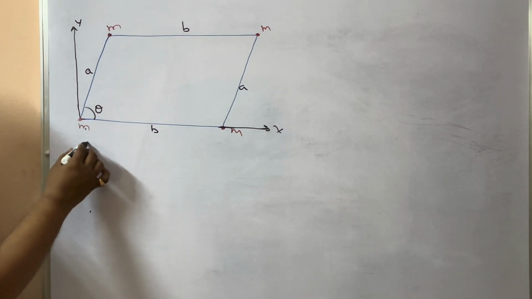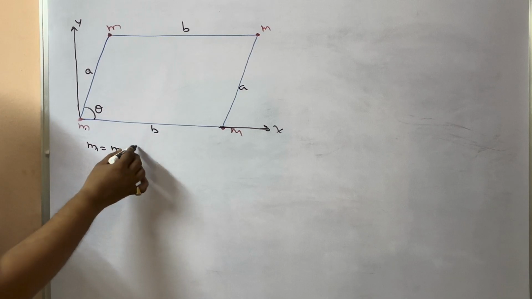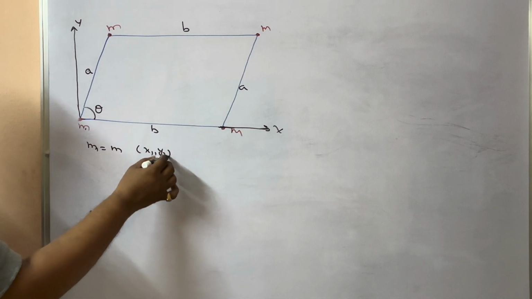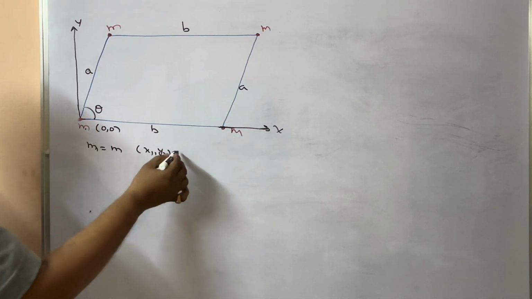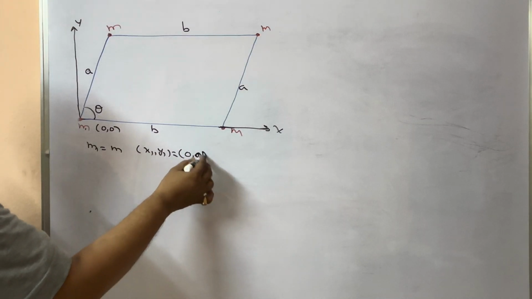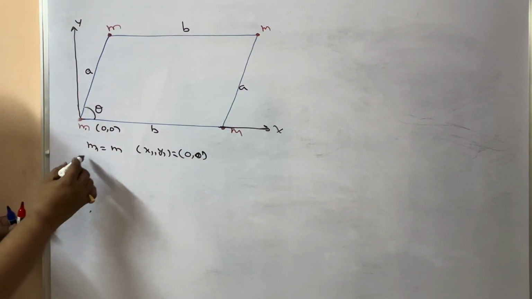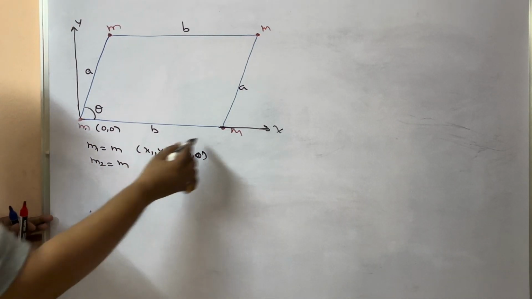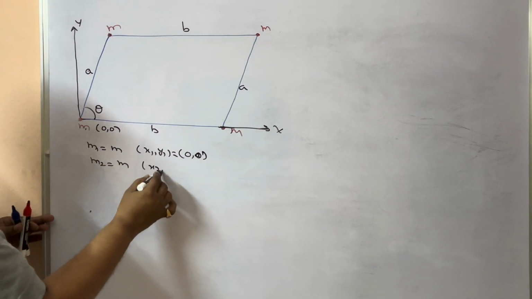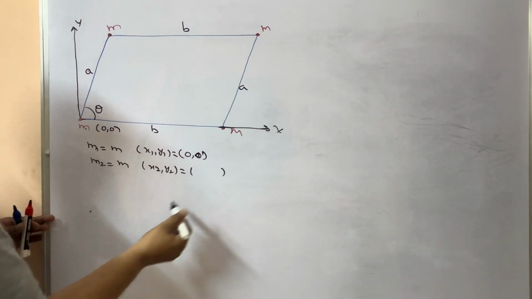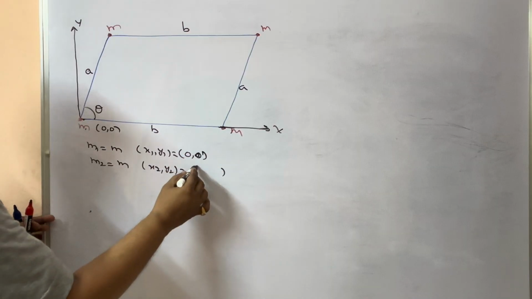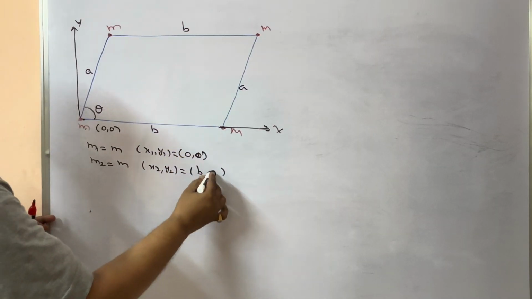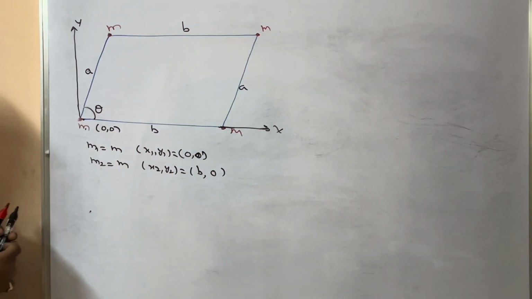Let us assume this is m1. m1 is m, and it is at the origin, 0, comma 0. Next, m2. m2 is m, at x2, comma y2. So what is this x2? It is B. It is on the x-axis, therefore y2 is 0.